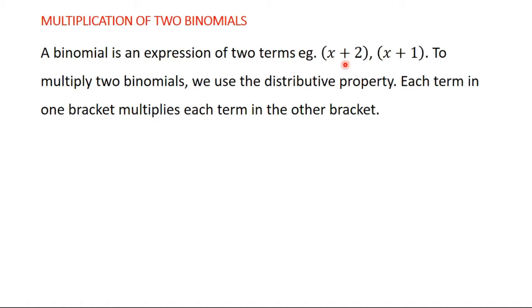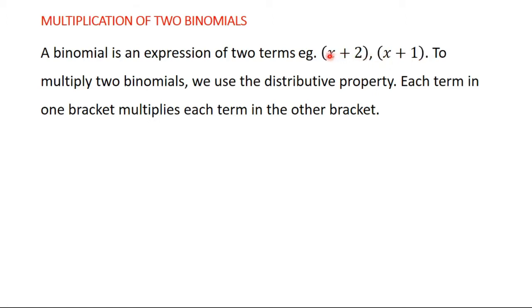Now, to multiply two binomials, we use the distributive property, just as we did in expanding or removing of brackets. We use the distributive property in expanding two binomials. Each term in one bracket multiplies each term in the other bracket. Now, what does it mean? What it means is that we have two terms here. So we use the first term to multiply what is in the second bracket.